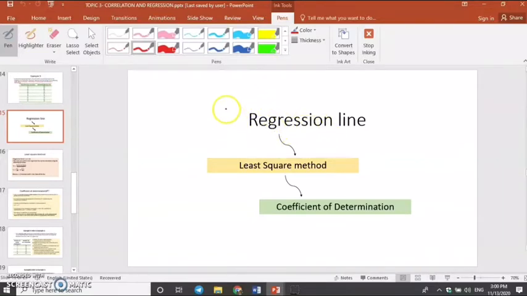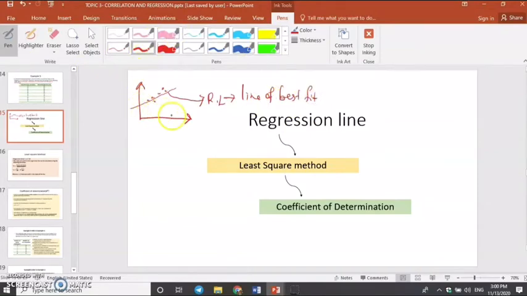For the regression line, as you know, before this you had a scatter plot. Based on this scatter plot, you have dots. From these dots, you are going to draw a line. Based on this line, dia adalah regression line, ataupun dengan kata lain, dia adalah line of best fit. Line of best fit.